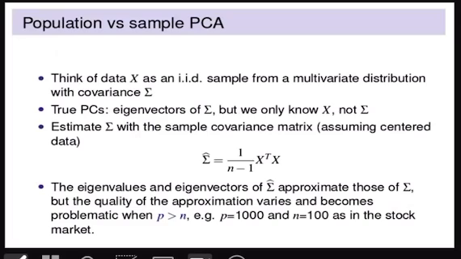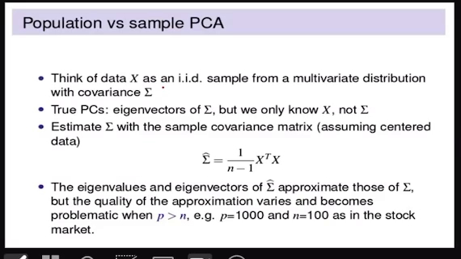I think I've demonstrated this to you, of course, in stock markets. Let me quickly address population versus sample PCA. In statistics, we have population parameters and we have statistics as well. We may not have access to the whole population, so we normally end up investigating a sample.